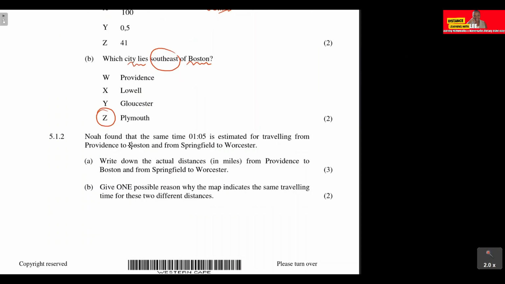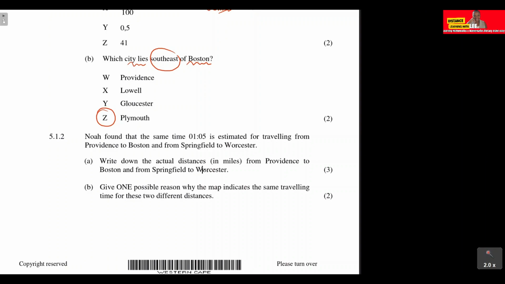5.1.2. Noah found that the same time, 1:05, is estimated for traveling from Providence to Boston and from Springfield to Worcester. So write down the actual distance in miles from Providence to Boston and from Springfield to Worcester.